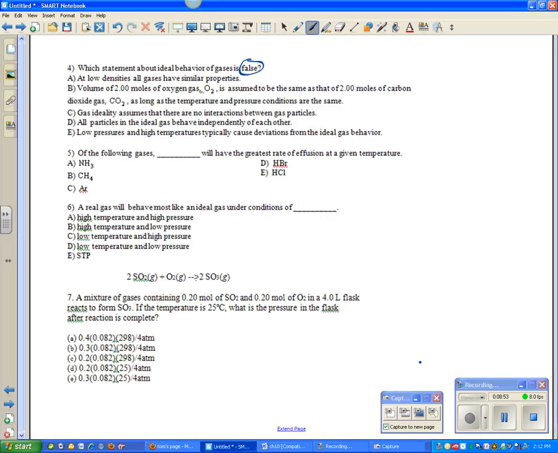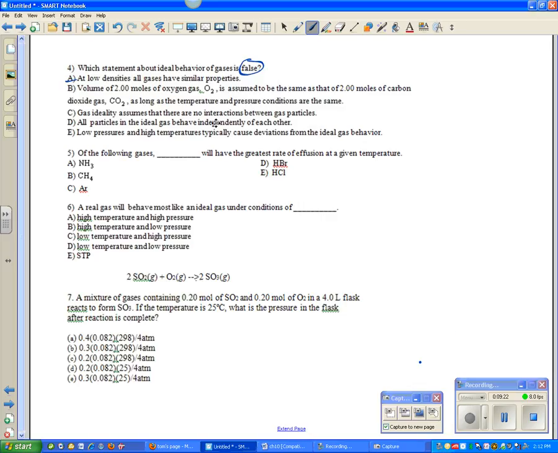But it says at low densities, all gases have similar properties. Density has nothing really to do with it. They don't. B, volume of 2 moles of O2 gas is assumed to be the same as that of 2 moles of carbon, as long as the temperature and pressure conditions are the same. All right, that is incorrect. Sorry, that is correct.